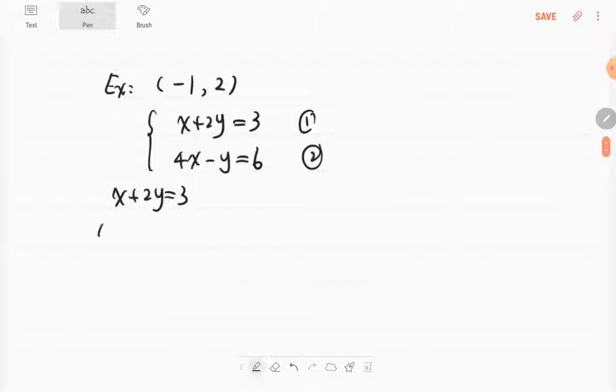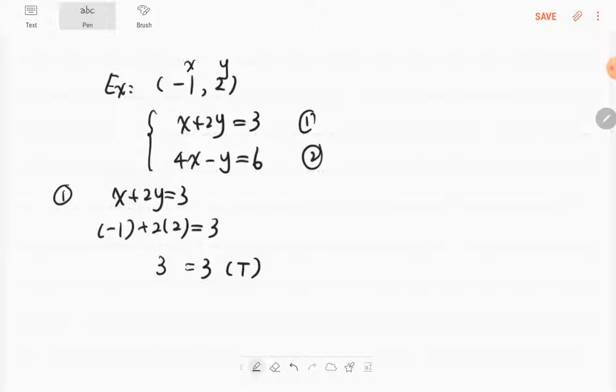We use -1 to replace x this time, and use 2 to replace y. Then we try to get the left side. Okay, -1 plus 4, so this side is 3. 3 equals 3. Left side equals right side. So for this equation 1, it is true.